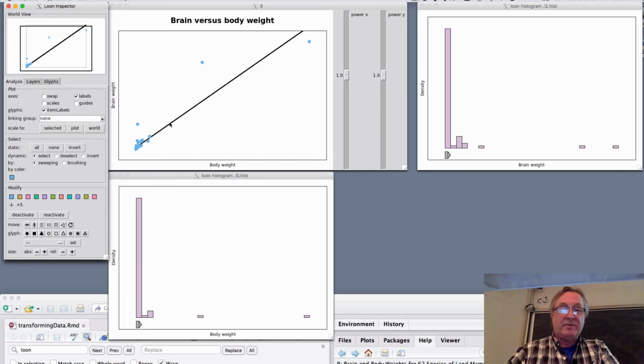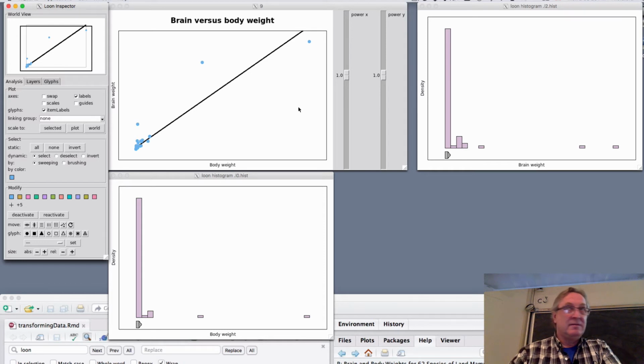Which one is that? Left, middle, right? Middle, this guy. So that's an Asian elephant. Next smartest. One on the left. Human. So elephant's smarter than us, if we believe that.